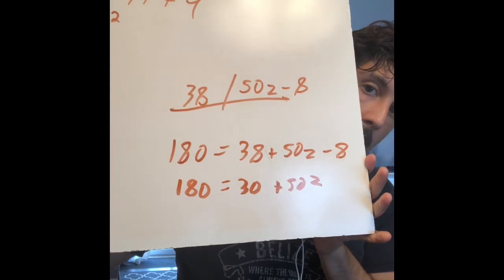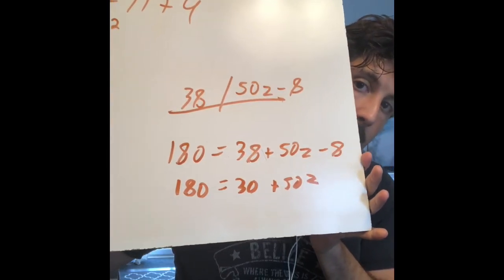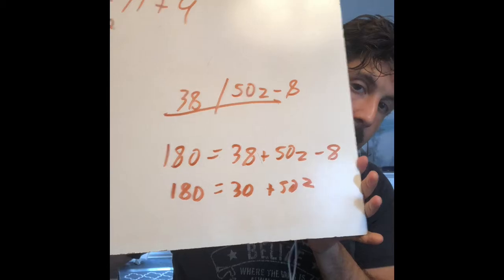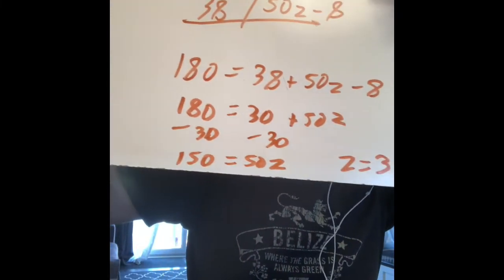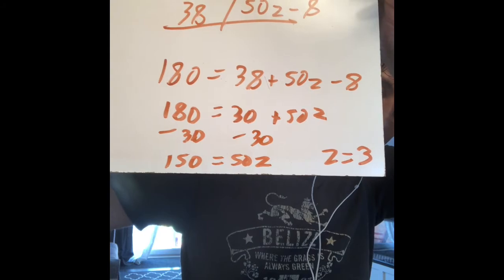Now I'm going to isolate z by using algebra, so subtract 30 from both sides, and then divide by 50. 150 equals 50z. Divide by 50 at the very end, z equals 3.